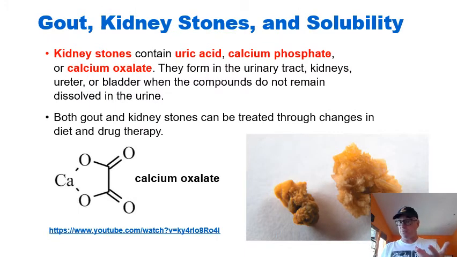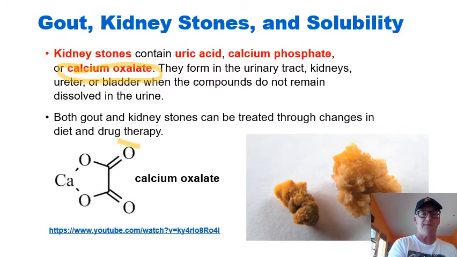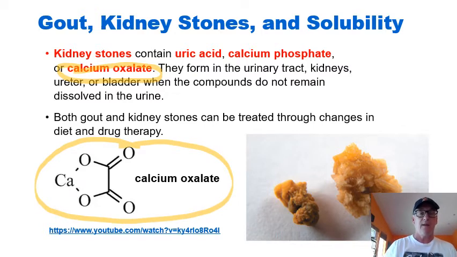Now, kidney stones have a different crystal that falls out of solution. It's called calcium oxalate. And this is what calcium oxalate looks like down here. So it's oxalic acid when it's not complexed with calcium. And oxalic acid would have a negative charge here and here on those two oxygens.